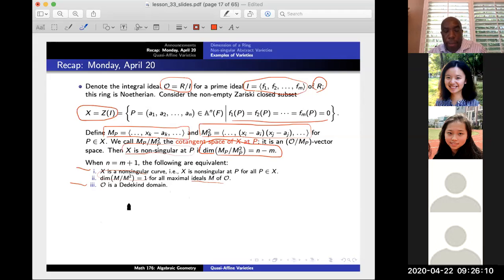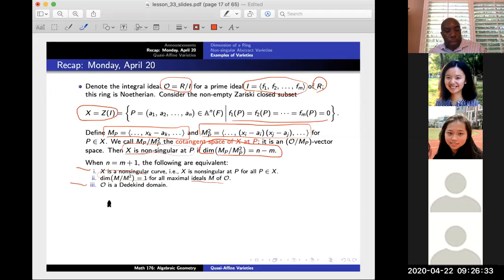If you don't like that, then you could just say, take a look at the quotient R mod I, which is what we're calling our coordinate ring O, and ask, is that a Dedekind domain? And if the answer is yes, then we know that we have a non-singular curve. Right, so either one of these will be perfectly fine.